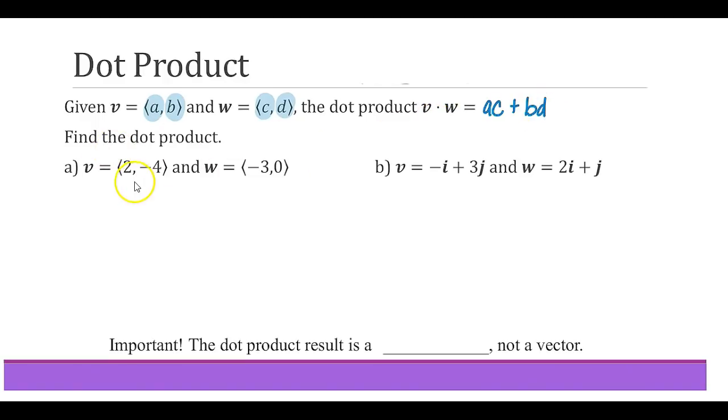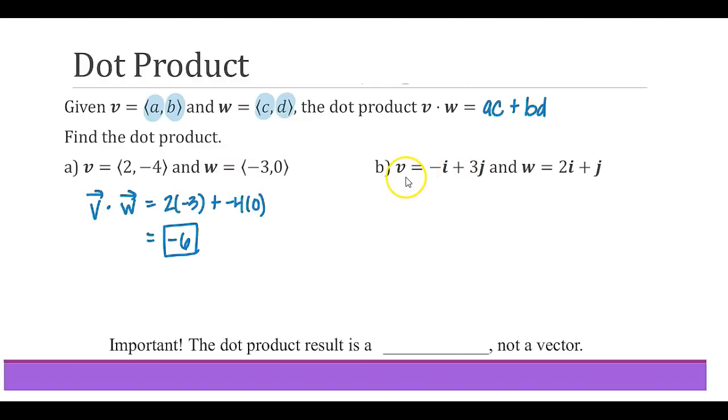Let's go ahead and find the dot product for these two vectors here. We have v dot w is equal to 2 times negative 3 plus negative 4 times 0. So we end up with just negative 6 as the dot product for the first two vectors.